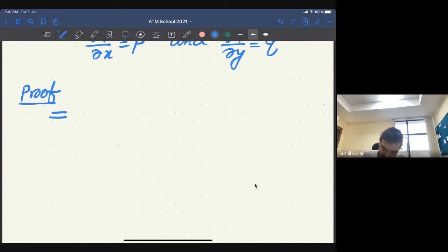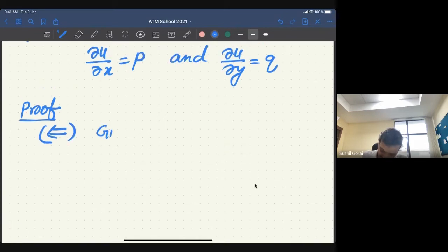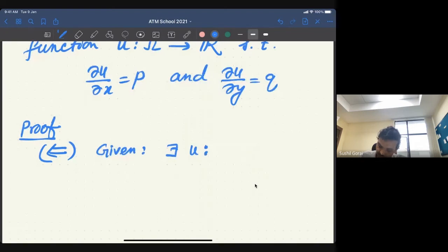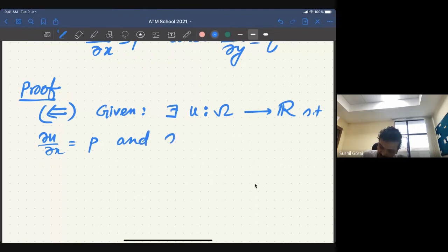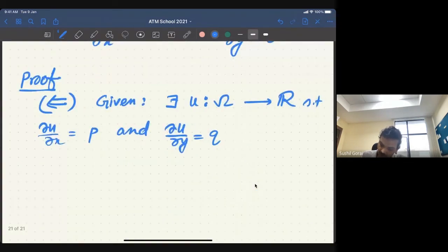First, the easy part. Given that there exists u from omega to R such that del u by del x is p and del u by del y is q. Here you see the regularity: it is continuously differentiable, so C1.